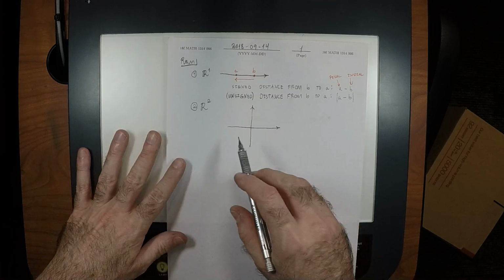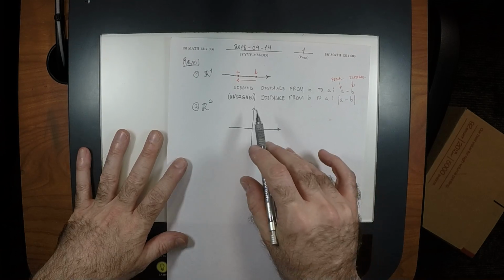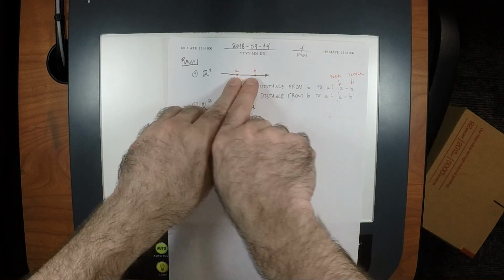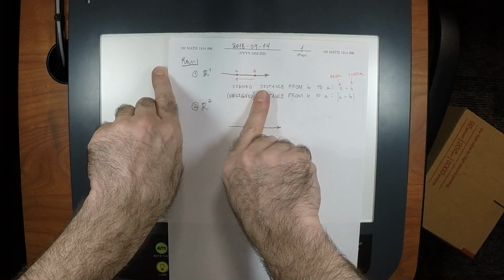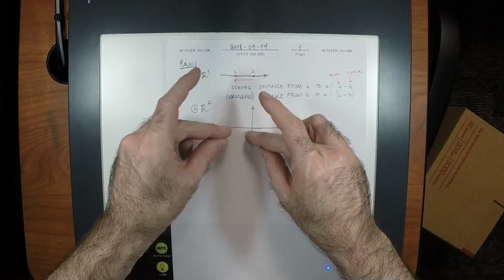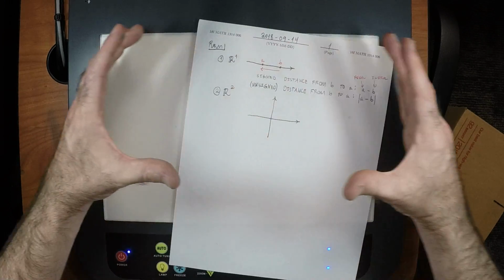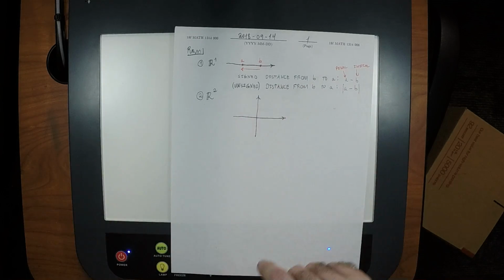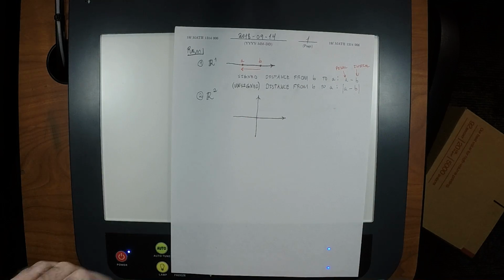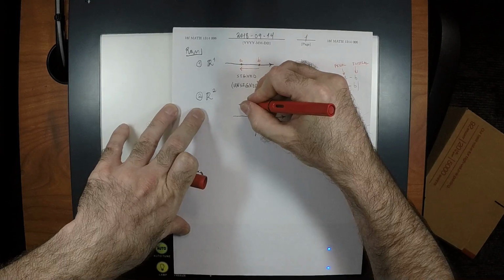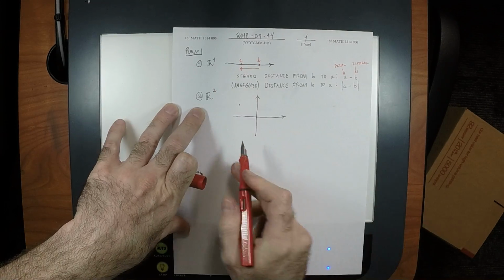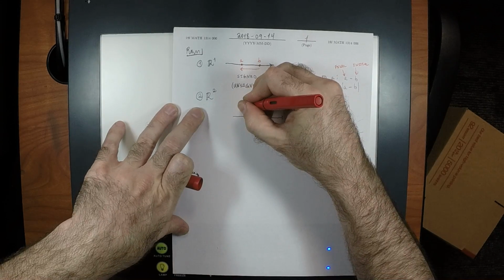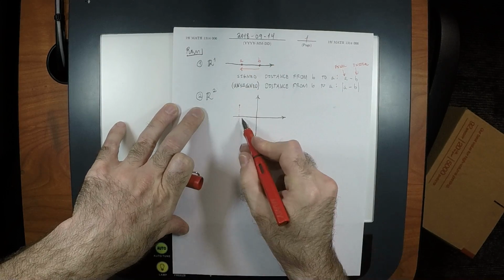All right. So then this is the first axis and the second axis, and then just like you are to interpret this line as extending infinitely far to the right and infinitely far to the left, this is a plane, and you are to interpret it as extending all the way out. Okay. So all these points are on the plane. So we could select, for example, this point right here. And the way that that point is named is that you project that point onto the first axis and make a measurement.